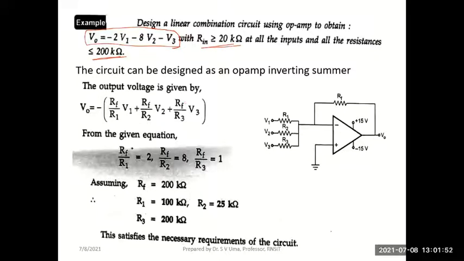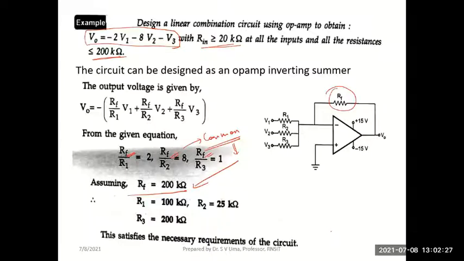Since RF is a common resistance, you can see RF is common to all the ratios. Since RF is common, always assume RF first. Because if you assume R1 or R2 or R3 and start, you will be getting different RF values, which we can't afford. RF is a single resistance, so assume RF first, since it is part of all the three resistance ratios.